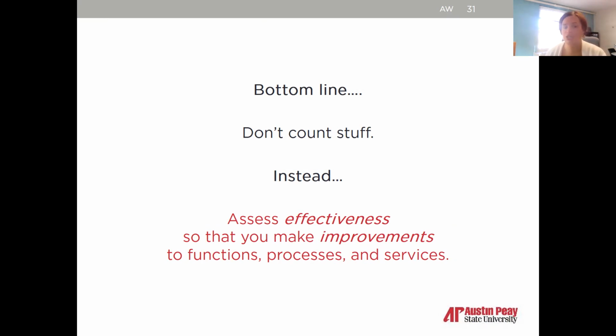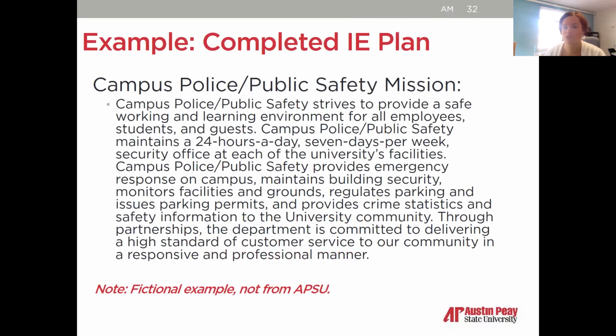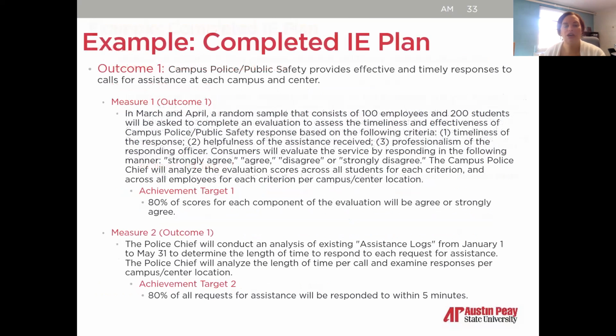In this presentation, I'm not actually going to show you all of this, but we do have an extended example that is not from here, it's made up, that shows you how this looks in totality. This is more what the form is going to look like that we're asking you to fill out, where you take an outcome that you're measuring and list that outcome, describe the measure, and then describe the target for that measure.